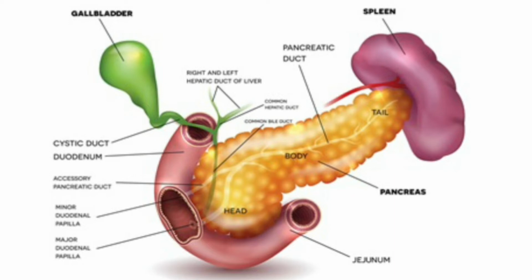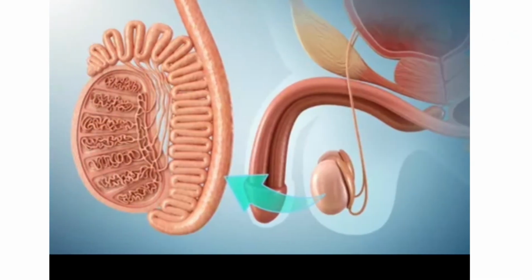The next is about the testis. This is the clear picture of the testis. The testes are contained in the scrotum of the male reproductive system, that you can see in the right picture, and the left one is a zoomed picture.